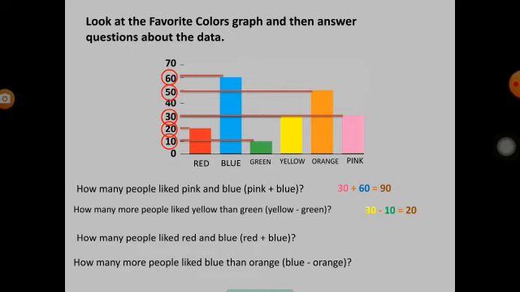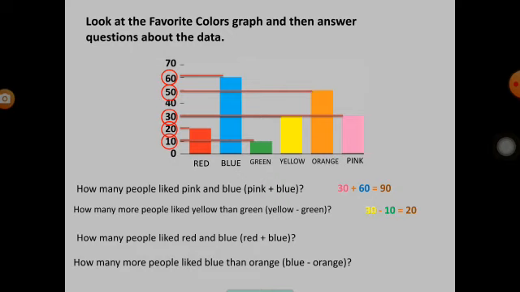So our answer will be 30 minus 10. Why do I do minus here? Who can tell me? Because I see the word more in my question. So when I see the word more, I'm going to do minus.